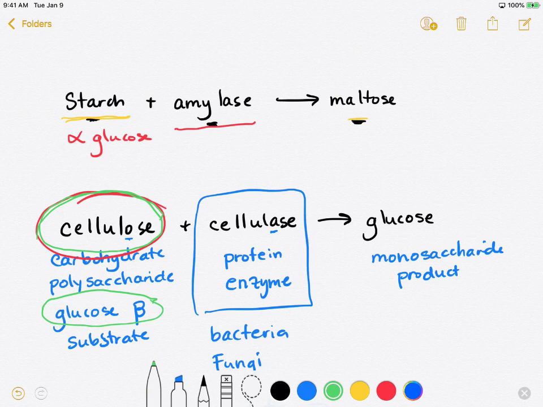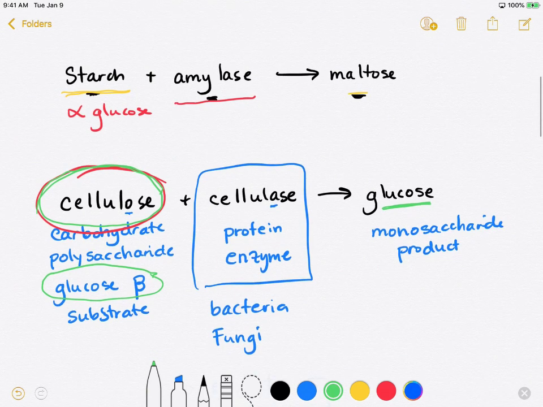It's a polysaccharide. It's made up of hundreds and hundreds of beta glucose monomers. This is our substrate. Cellulose, when it's exposed to the enzyme cellulase, remember cellulase is a protein, it's an enzyme, cellulase can break down the cellulose into our product, which is glucose. Glucose are monosaccharides, those are our products.